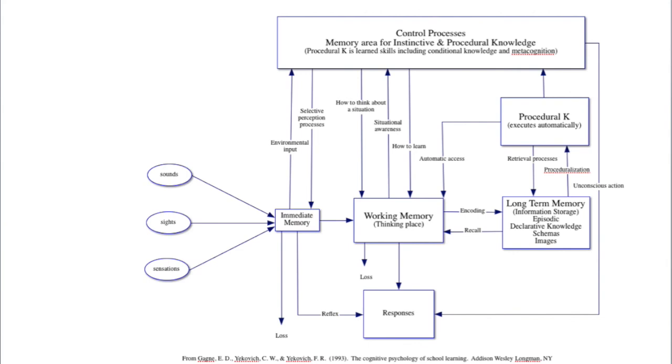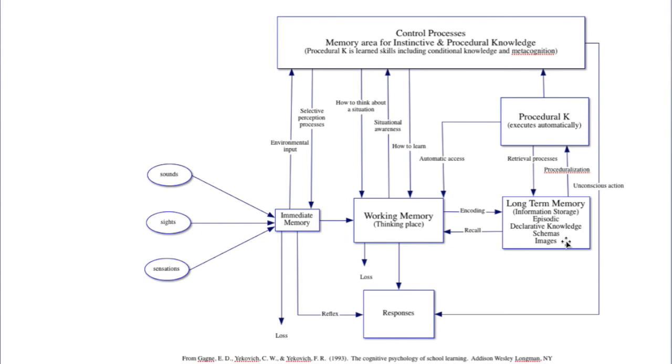Okay, one last thing I didn't mention earlier, and I didn't think of it until I had made all of these slides: one other thing that I should have included in long-term memory was the idea of images. I said long-term memory can contain episodic memory. It can contain declarative knowledge, which is knowledge of information, and schemas, which are ways of organizing information.